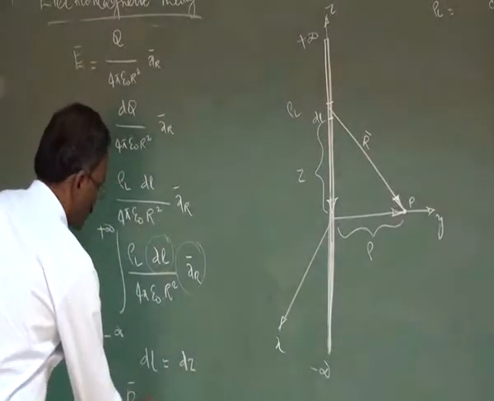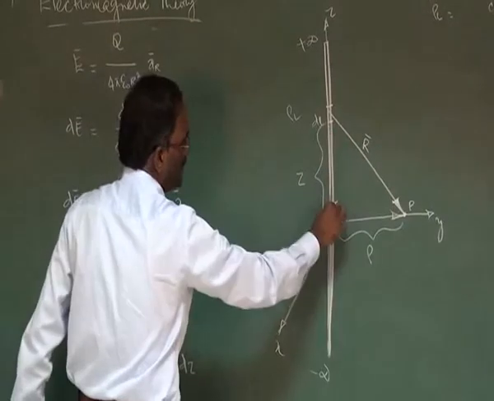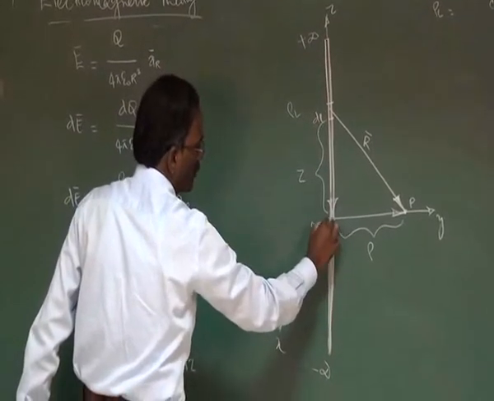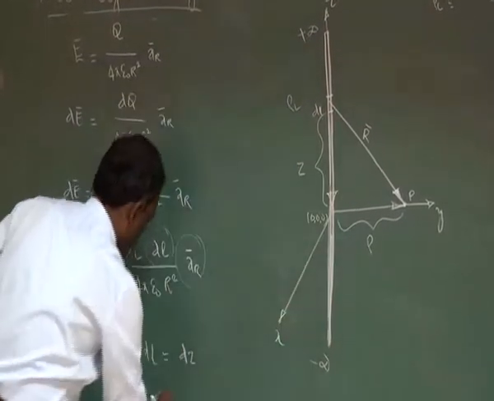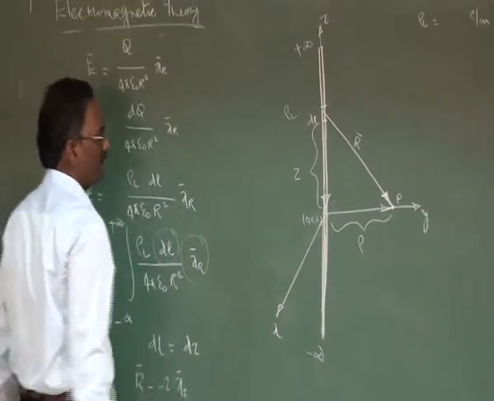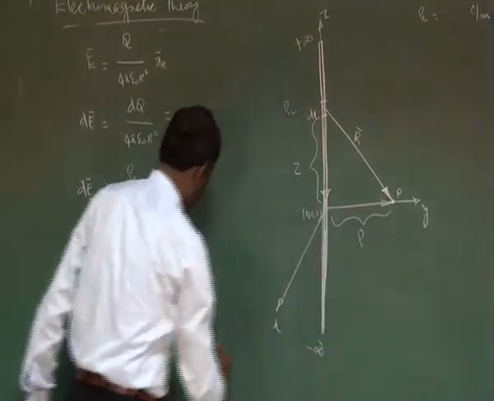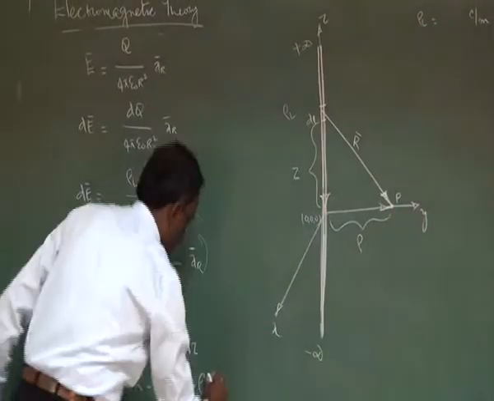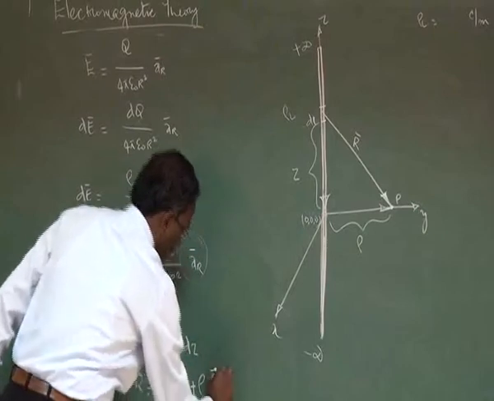So R bar is equal to minus z. Since I am moving towards the origin, this is origin point 0, 0, so this is minus z, the unit vector is a z bar, and this is rho units. I am moving towards the y direction, a y bar.